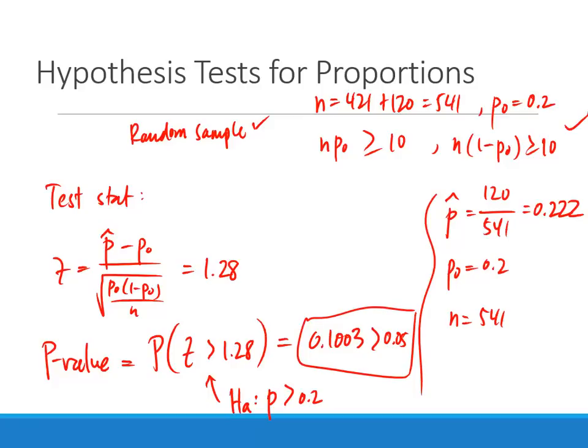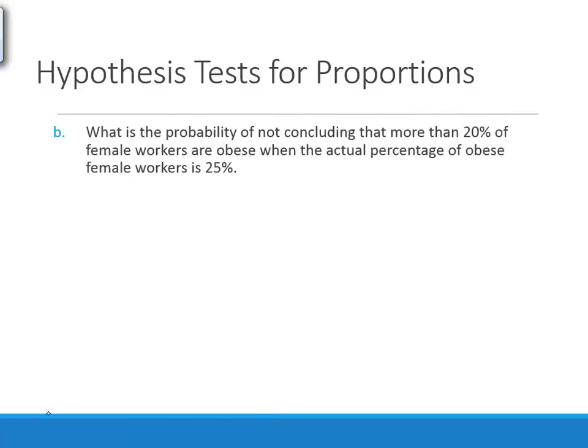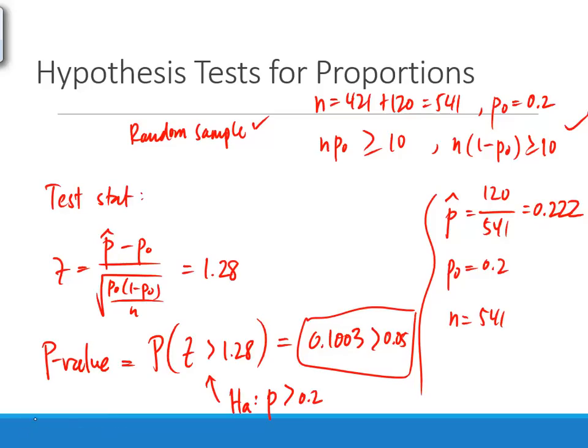It's bigger than my alpha level, so am I going to reject or fail to reject? Fail to reject, absolutely. Yes, so I've run out of space, haven't I? So change colors here. Because the p-value is bigger than 0.05, I will fail to reject.